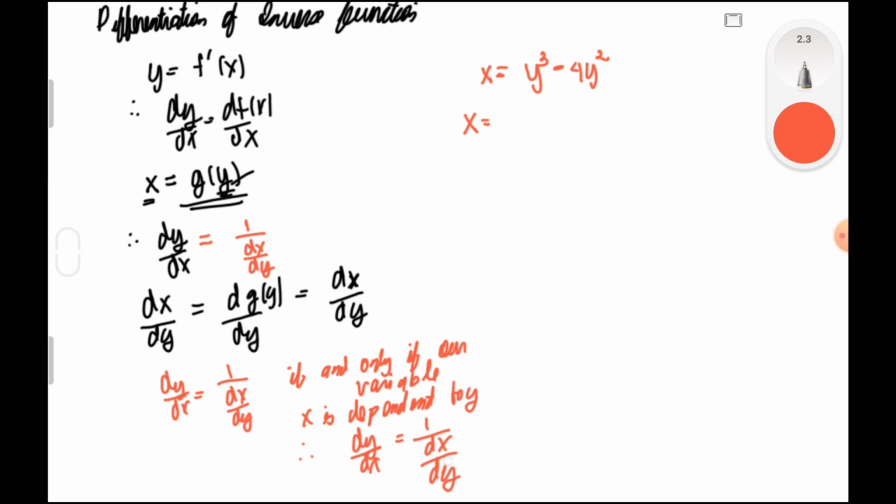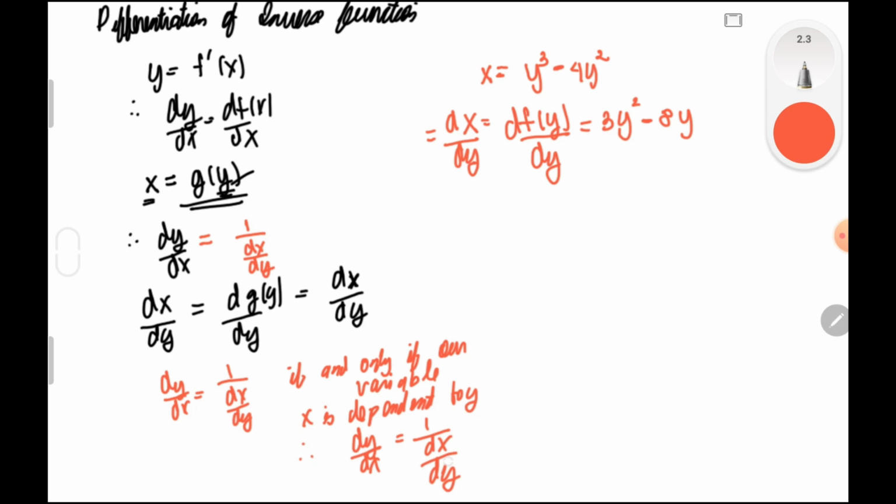It is dependent on any input of y. So if we differentiate x with respect to y, we have dx over dy. Getting the derivative of this, we have 3y squared minus 8y, which is equal to our dx over dy.